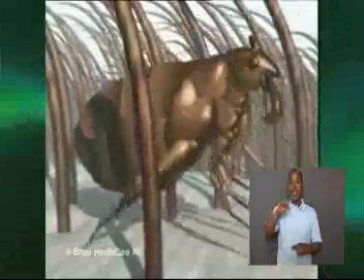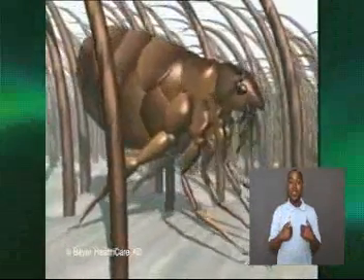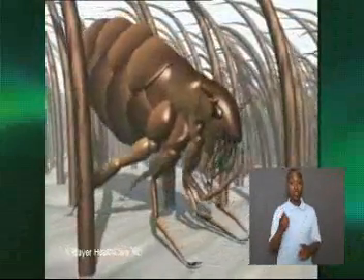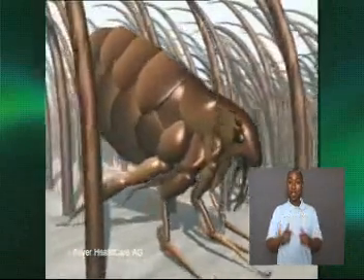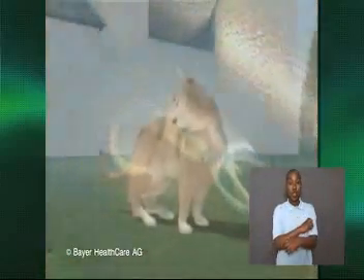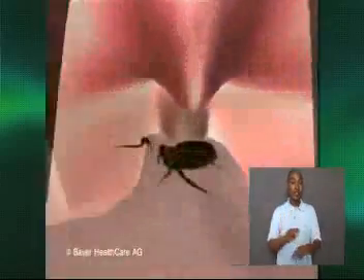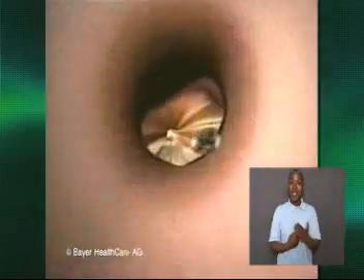Typically, the young parasite will live the first stages of its life in the muscles of an animal. When we eat these muscles, or the meat of the animal, we ingest the parasite and it grows in us.